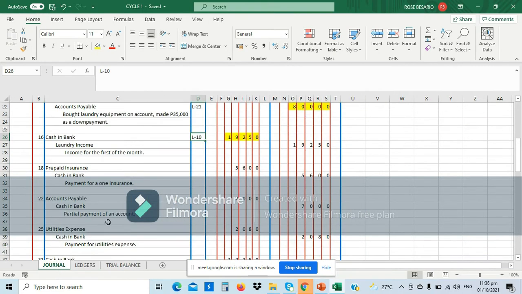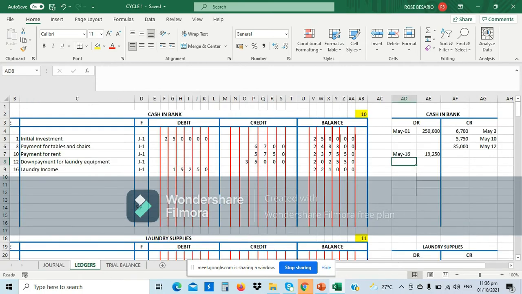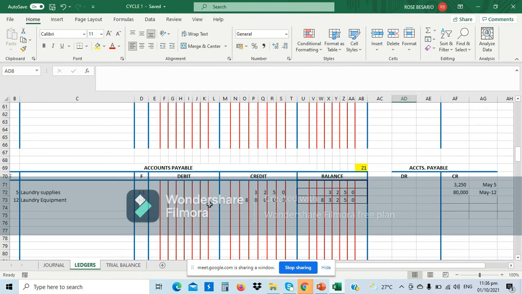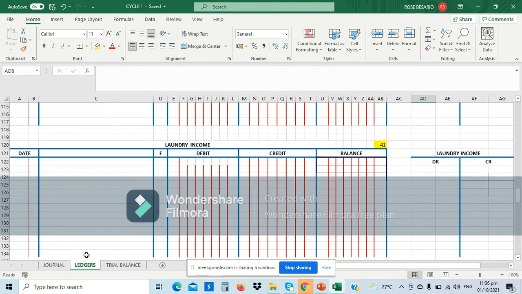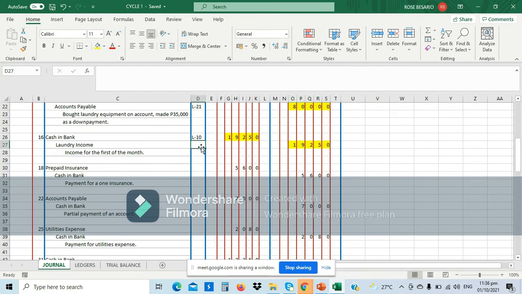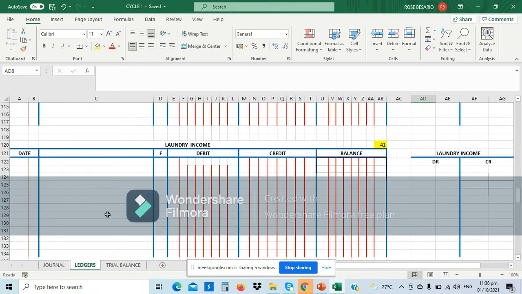Then go back to your journal. So you have it here, laundry income. So look for your laundry income ledger. So laundry income, it's here. So this is ledger number 41. So in the journal, you should have here L41. Okay. Then transfer it, 19,250. So this is 2018 May, I forgot the date.